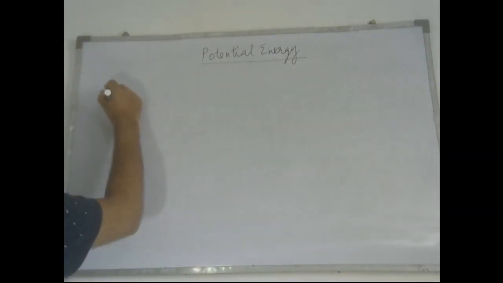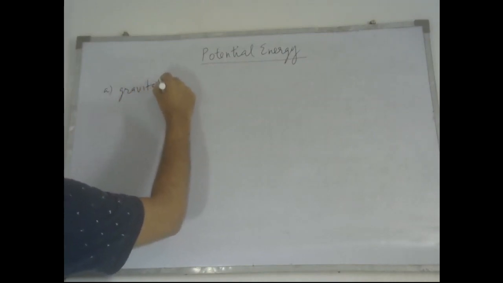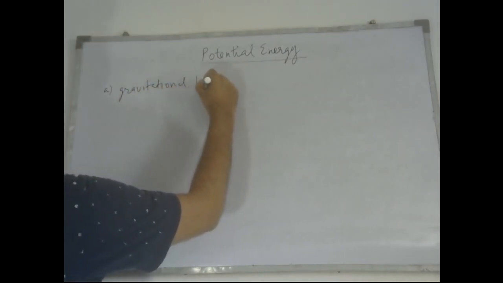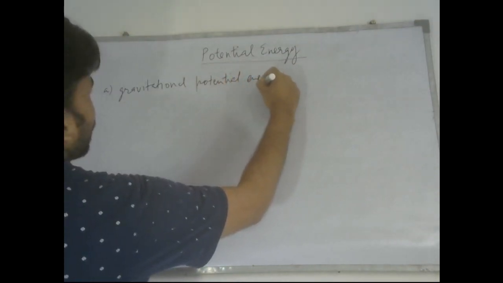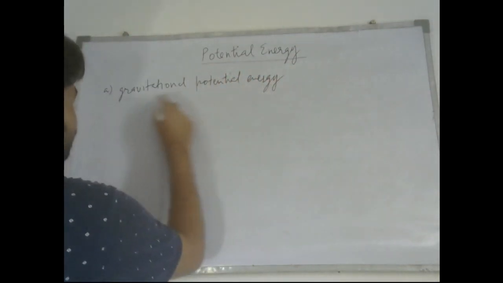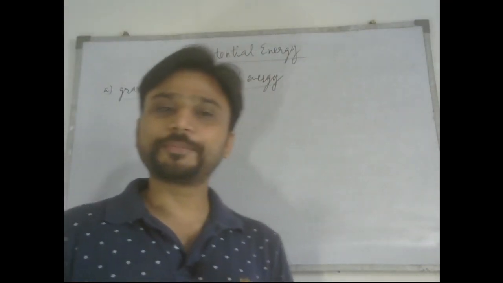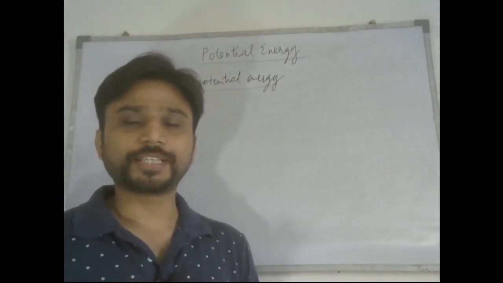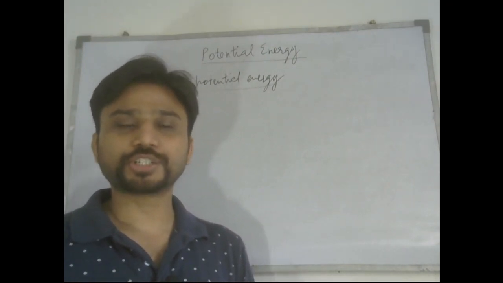So the first form of energy would be gravitational potential energy. So how do we define gravitational potential energy? You might know it has a formula, that is mgh.